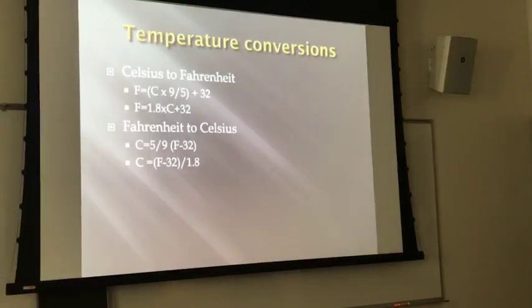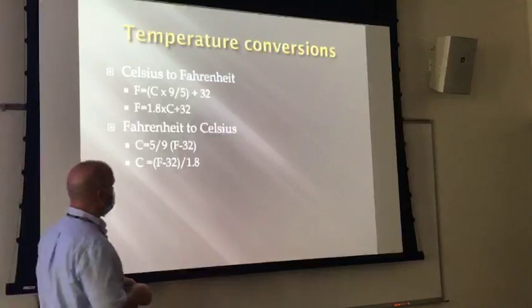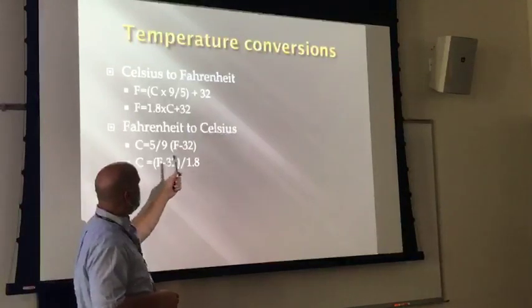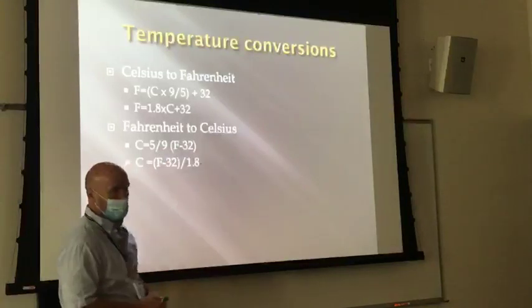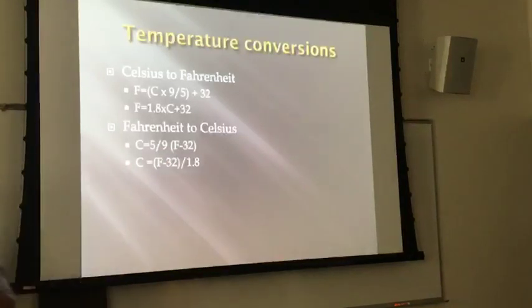We'll say Celsius to Fahrenheit is 5/9 times Fahrenheit minus 32. So Celsius to Fahrenheit is Fahrenheit to Celsius. Celsius to Fahrenheit naturally is going to be 9/5 times Celsius plus 32, and the other setup is just not going to work. Okay, so make sure you set them up properly.